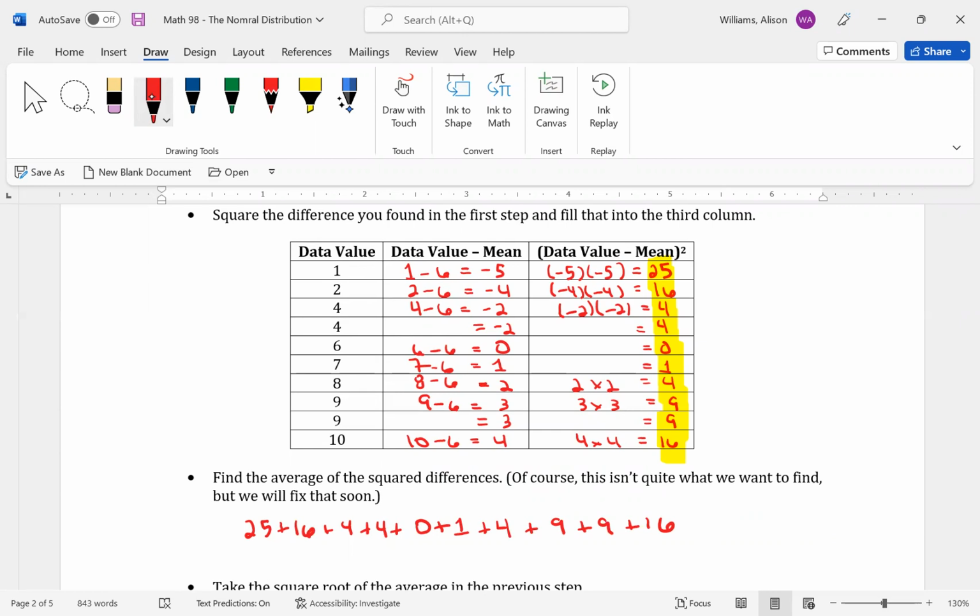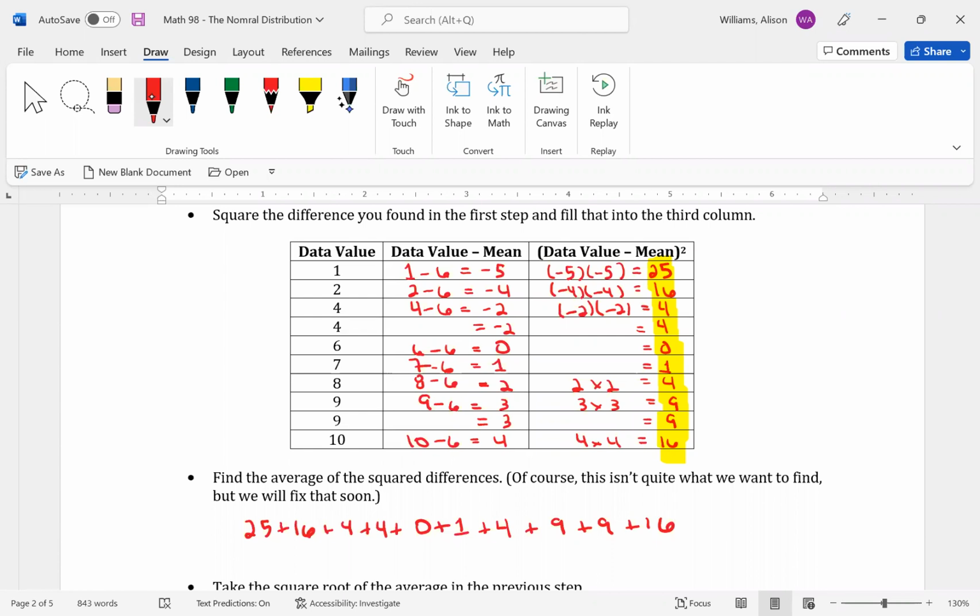I definitely did not get the right answer there. I must have plugged something in incorrectly. Let me try that again. So 25, 16, 4, 4, 1, 0. Sorry, 1, 0, 1, 4, 9, twice, and 16. There we go, much better.